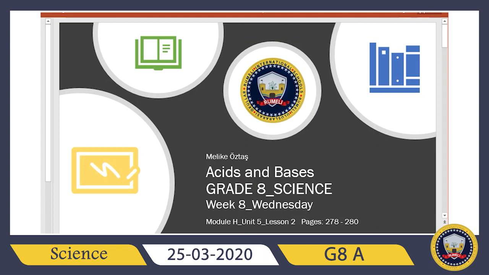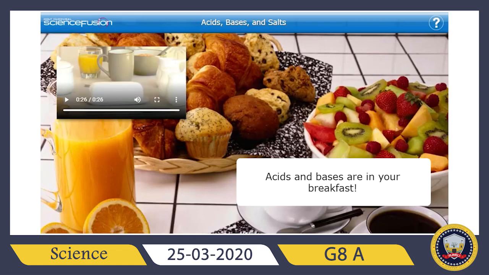For a beginning, let's try to remember what acids and bases are, and if we know some examples of them. So look at these breakfasts. How can they be related to acids and bases?